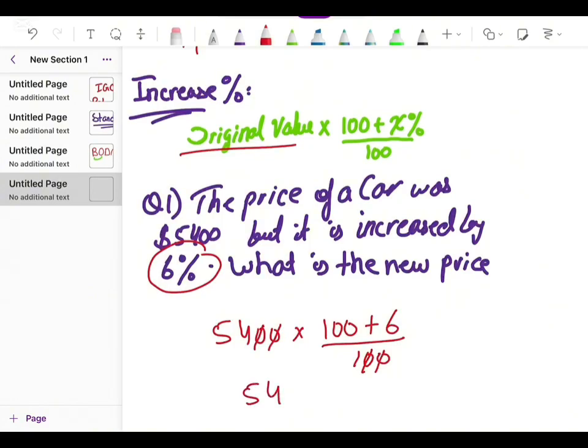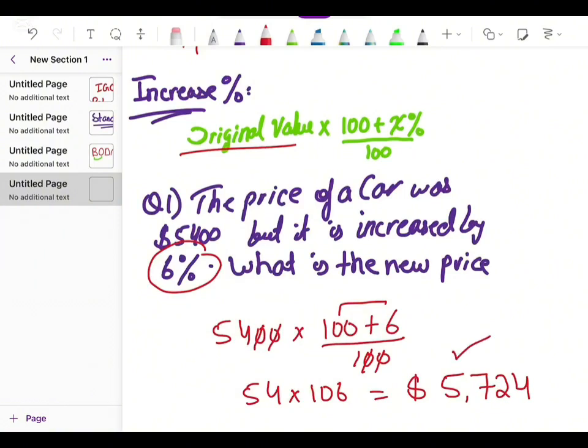So 54 multiply by 100 plus 6 will be 106. Okay, now we need to calculate what the answer is. So 54 multiply by 106, the final answer we got is $5,724. So this will be the final answer of this question. So I hope everything is clear.